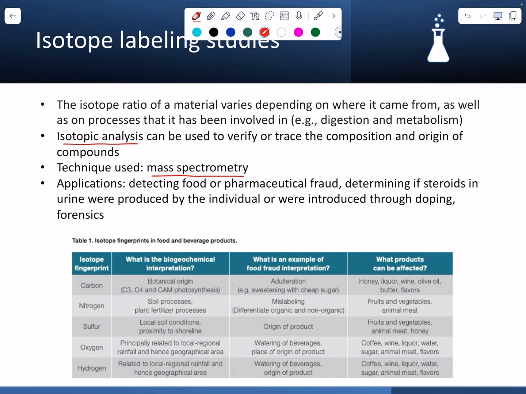We can fingerprint the active ingredient, find out where that came from, and then know where in the world to look for the entity that is spiking the food or the drug with something dangerous.